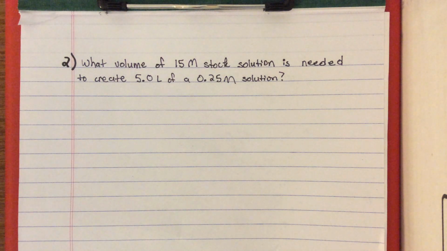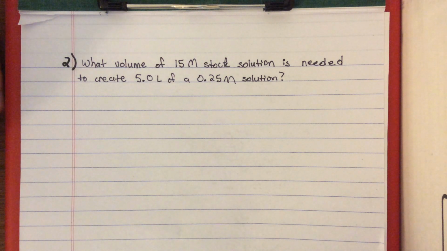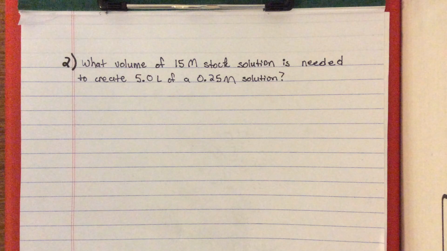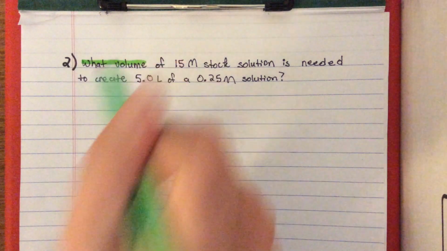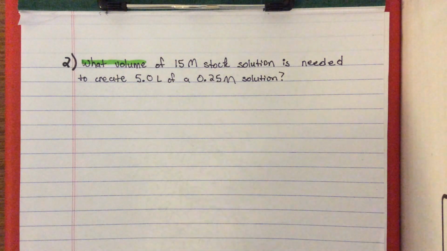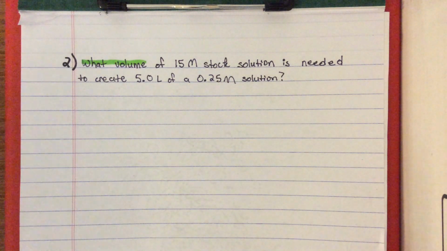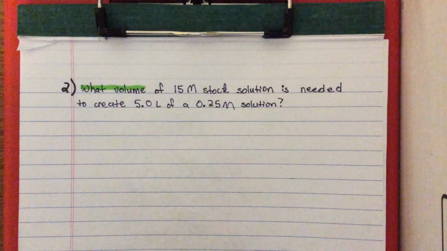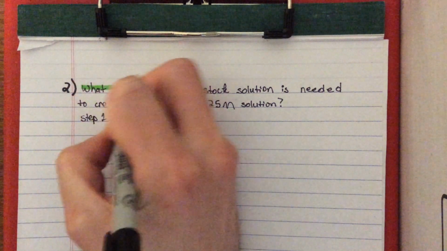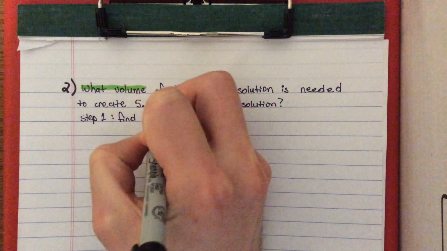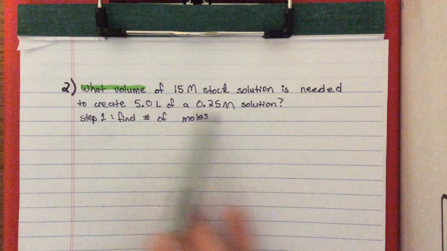So what volume of 15 molar stock solution is needed to create 5 liters of a 0.25 molar solution? So we're being asked to calculate what volume, and then we are given the initial concentration as well as the final volume and final concentration. So our first step in our stepwise procedure would be to find the number of moles. And we're going to do that using the values that we have that are paired up.